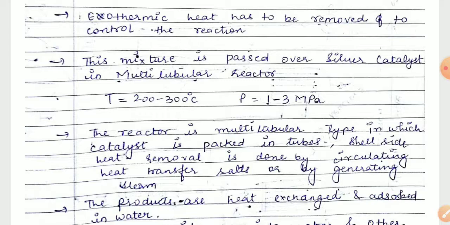The reactor is multi-tubular type in which the catalyst is packed in the tubes. On the shell side, heat removal is done by circulating heat transfer salts or by generating steam.